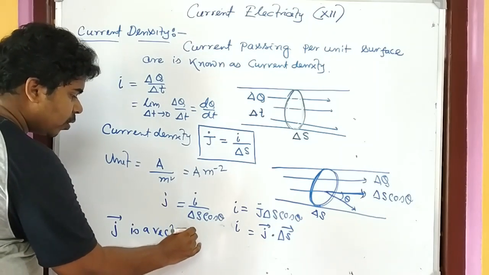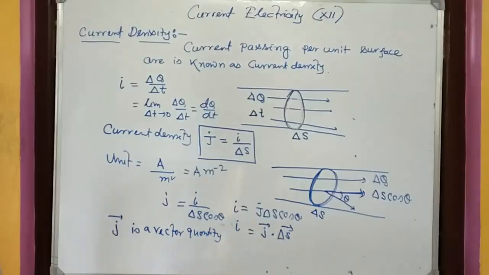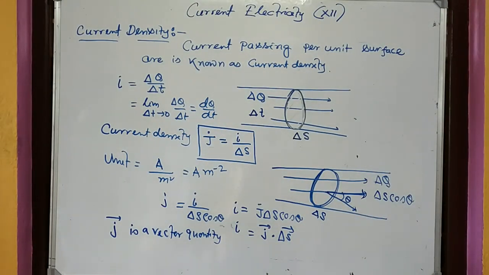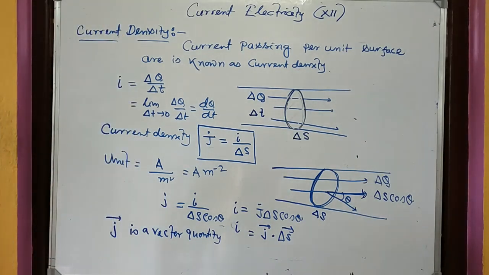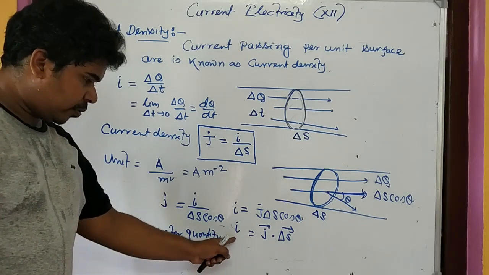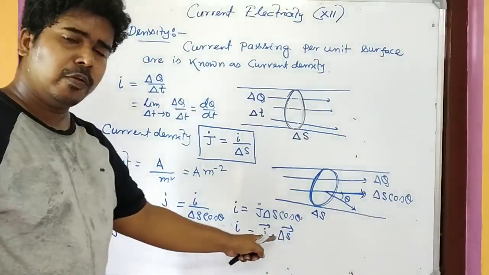Initially we saw that current is a scalar quantity. But when we find current density, we see that current comes from the dot product of two vector quantities.